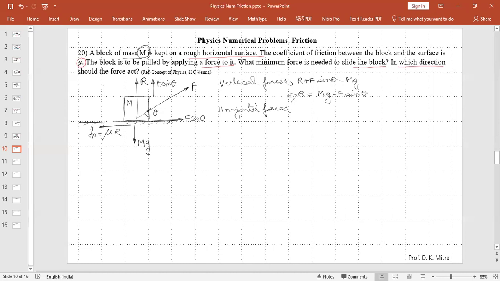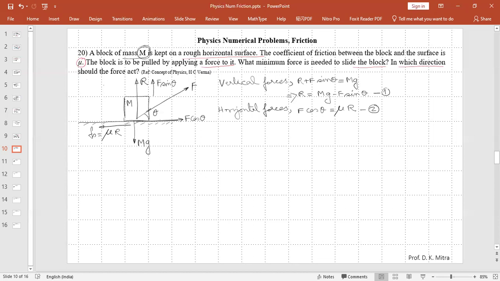Horizontal forces: F cos theta is equal to mu R. Say this is equation 2 and this is equation 1.